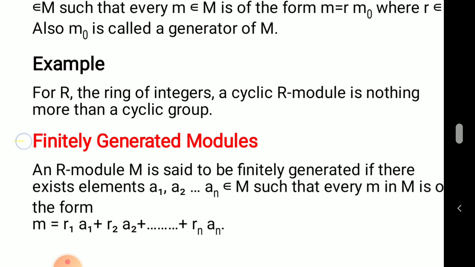That means for elements a1, a2, ..., an belonging to M, if this condition is satisfied, then the R module M is called a finitely generated R module.